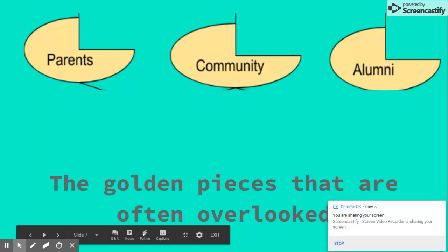The same goes for the community. There are so many resources out in the community that would love to be able to come in and have an impact in the schools, but a lot of times they don't know how to make that transition or what services they could offer. Being able to get the community involved helps the students see why this community is important to come back and help, and to see where the students are coming from and where they go outside of school.